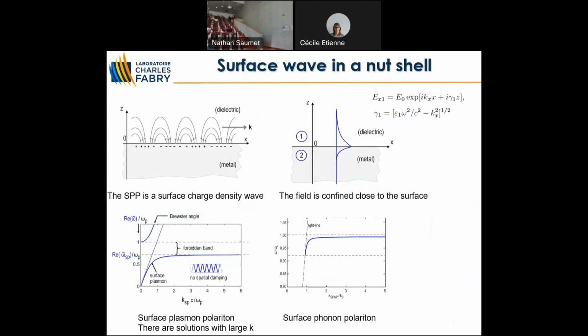How do I get from this picture the fact that the energy is large close to the surface but not away from the surface? From the fact that those states are surface waves. And how do I get the fact that as I get closer and closer, I get more and more energy? Because the state which is here has a decay length which is like that. The larger kx, the smaller the decay length.